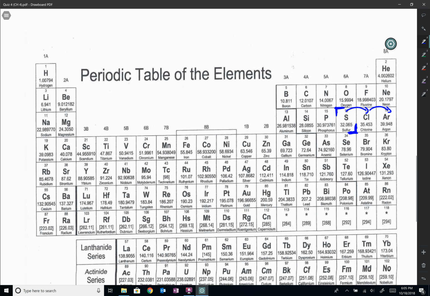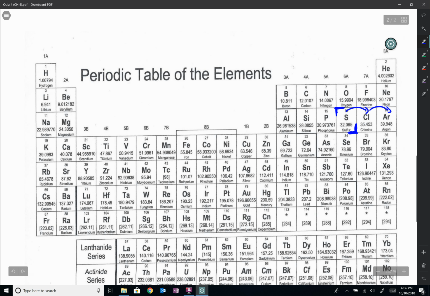But I want to make a point here, because if you take a look at the other examples that we've done and the stuff in the book, sulfur is not always a 2- charge. If it was always a 2- charge, then it would be in our list of rules, but it's not. So what else can sulfur be?